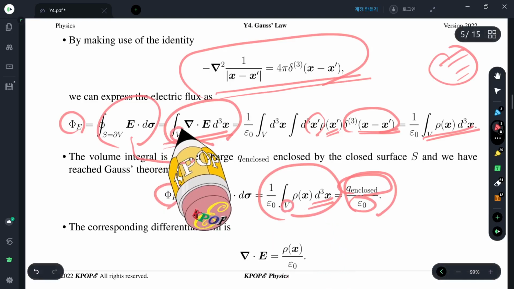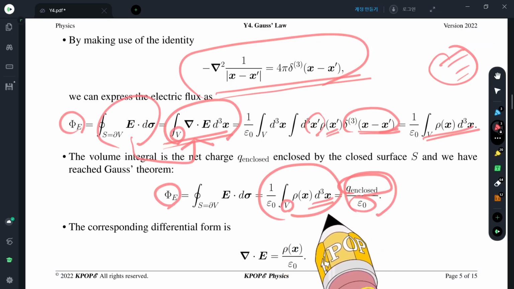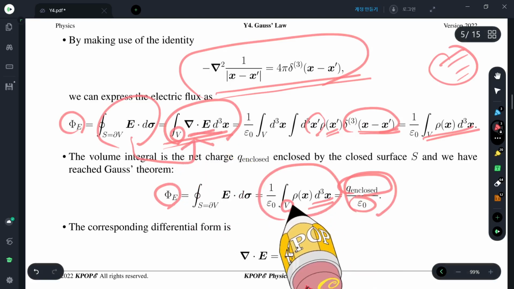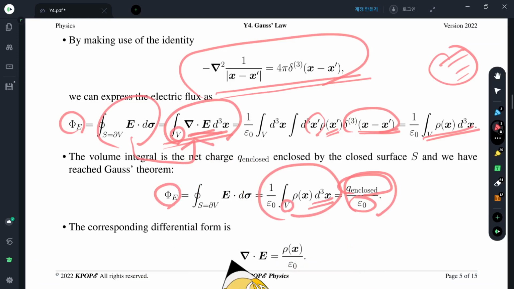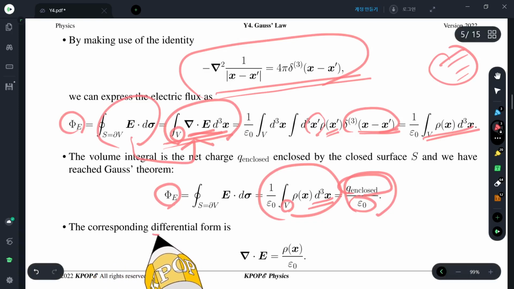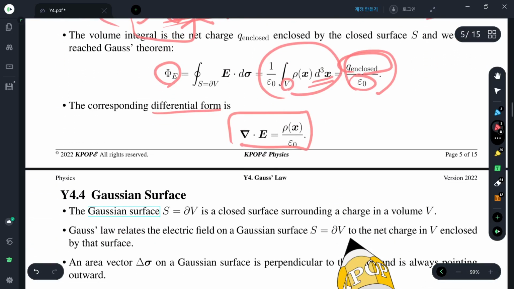Let's shrink this into a very tiny region. Then the integrand is frozen into a constant function. In that case, we will find that both integrands should be the same. That is called the corresponding differential form of the Gauss law. And actually, this is Maxwell's equation representing the Gauss law.